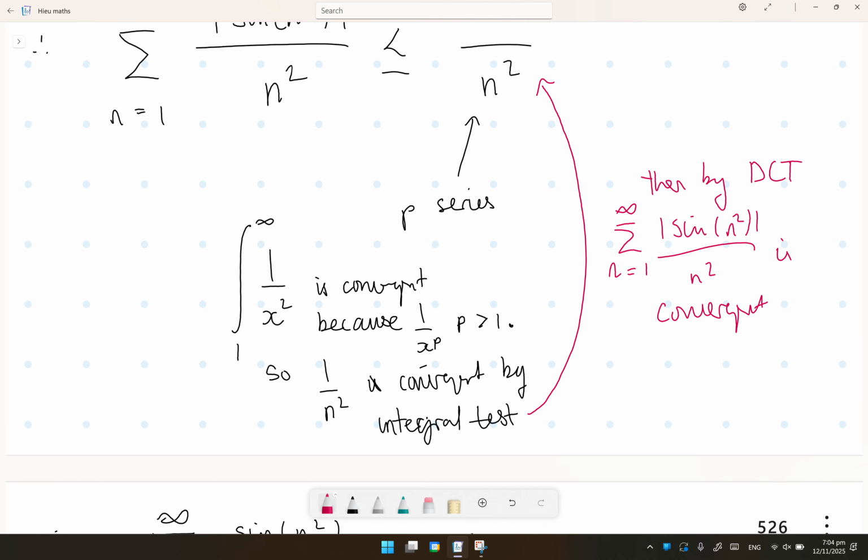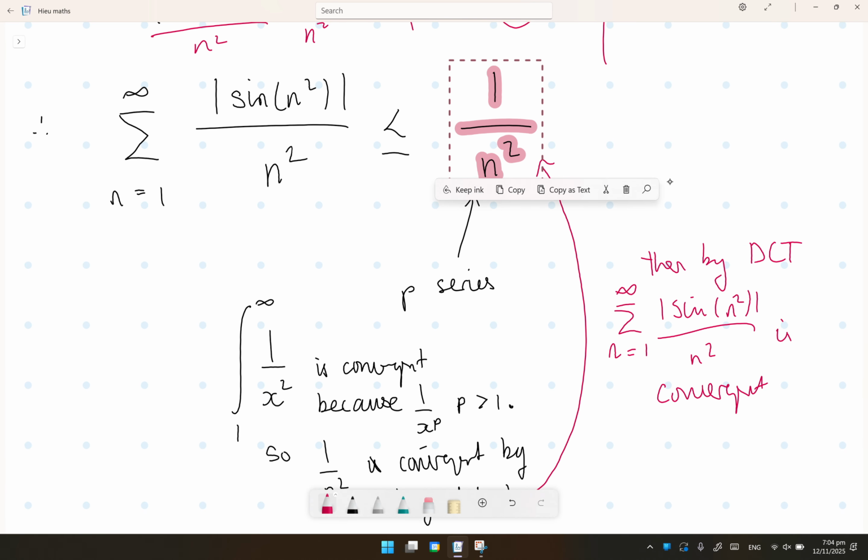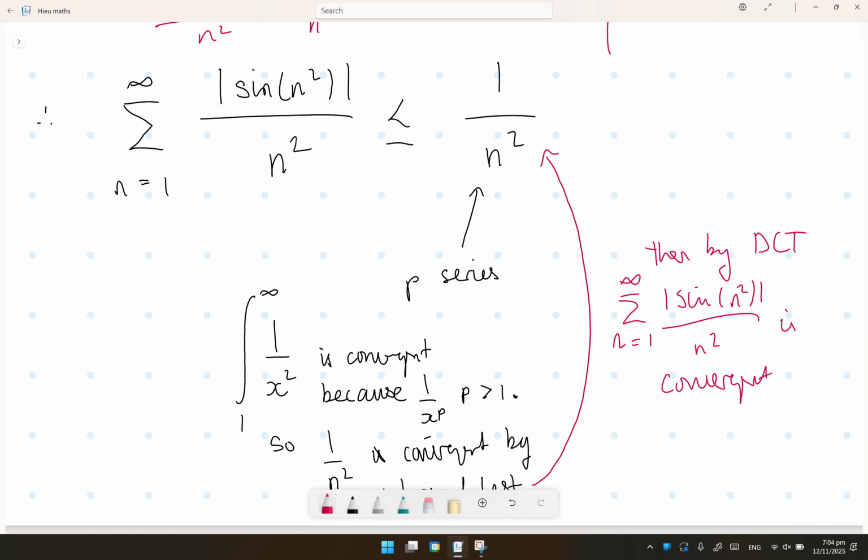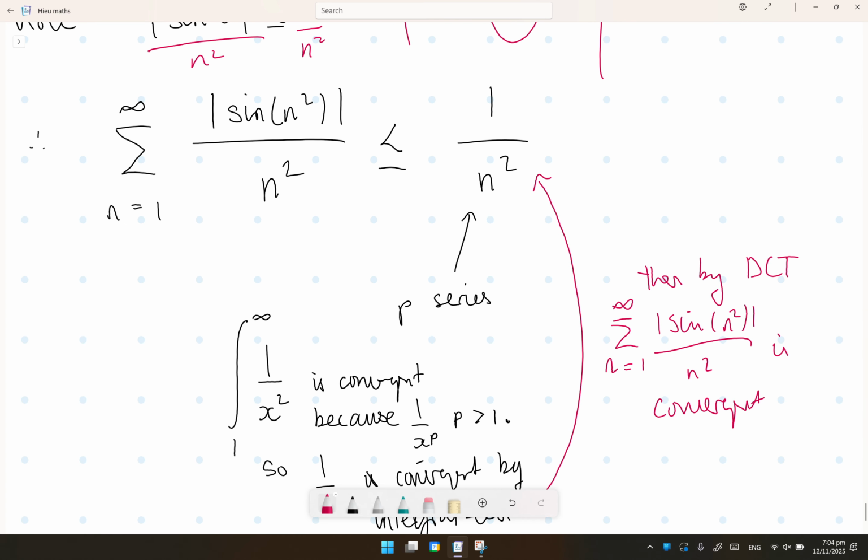And so by the integral test, we know that 1 over n squared is convergent. And by the direct comparison test, the sine series is also convergent, because if you have a larger one that's convergent, then the smaller one must also converge as well.